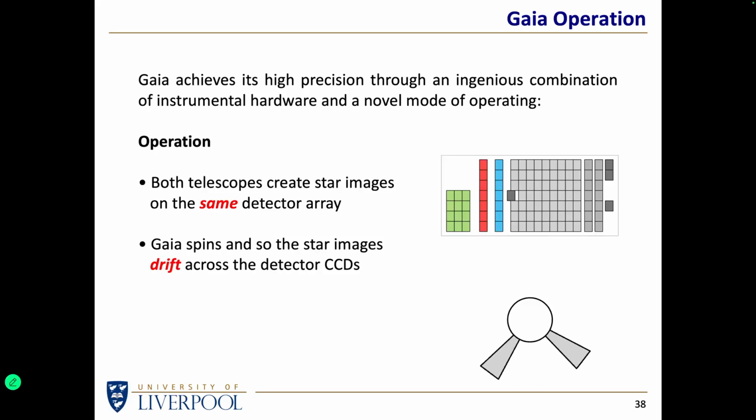Not only that, but Gaia spins, and so the star images drift across the detector CCDs. The bottom line is Gaia does not take images. Unlike its cousins, the Hubble Space Telescope or the James Webb Space Telescope, Gaia does not take images.